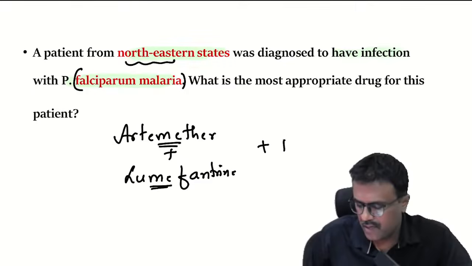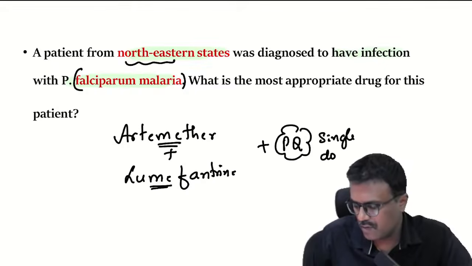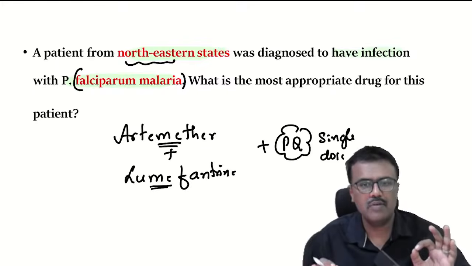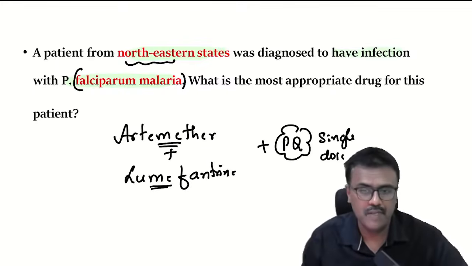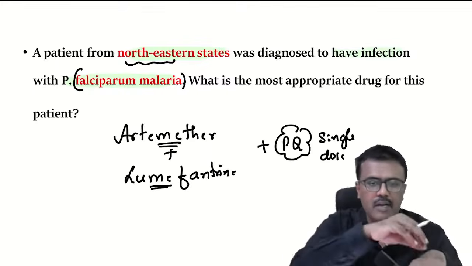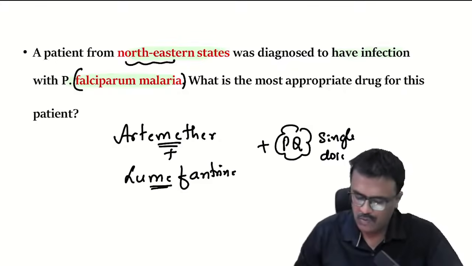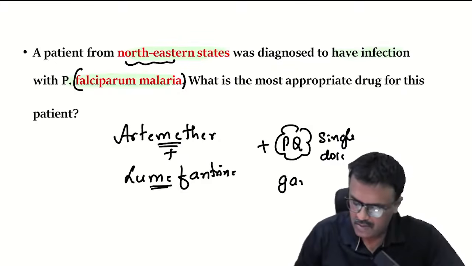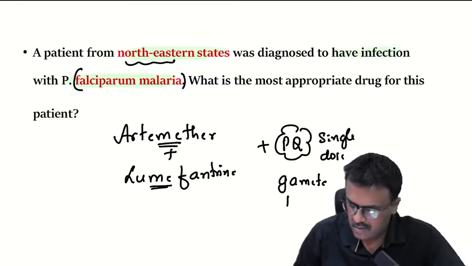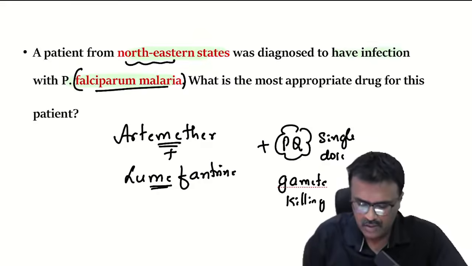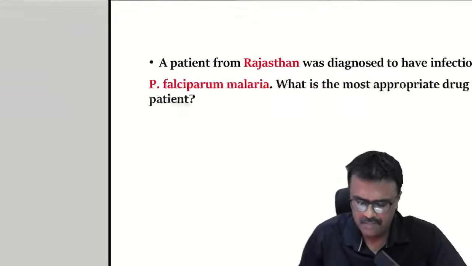For that, we add a single dose of primaquine. Single dose. Why do we give a single dose of primaquine? For killing the gametes. Why do you kill gametes? To prevent transmission, because a mosquito will come and bite and take the gametes, sexual cycle, and again infect others. So we give gamete killing. This is for falciparum.